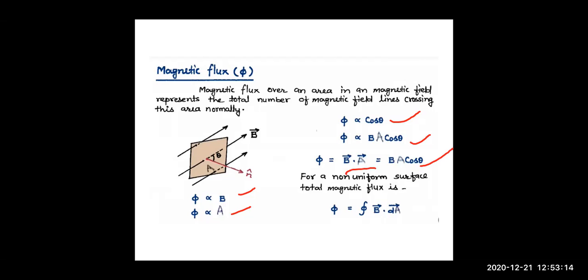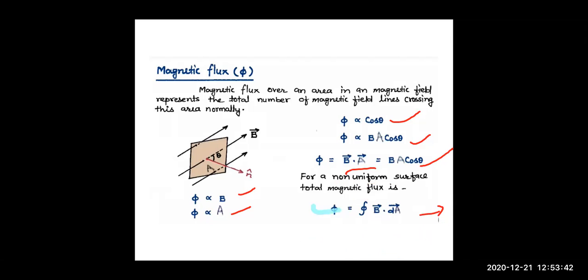Now, children, if we have a non-uniform surface, of just irregular shape, this is of regular shape, right? Now if we move towards an irregular shaped object, and we need to calculate the flux through it, then it will be calculated with the help of the integral over the surface. So phi will be equal to the surface integral of B dot dA.